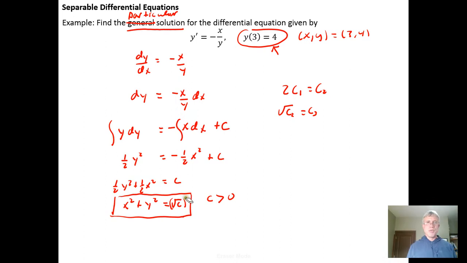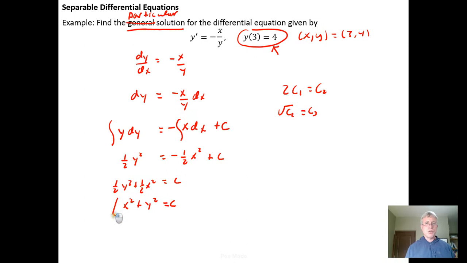So I can rewrite this, if c is greater than 0, as c squared. So this is the family of all circles of radius c. That's assuming that c is greater than or equal to 0. If c is negative, then we don't have circles. So this is the general solution, and it would be perfectly okay to write that as c squared. I don't need to though.